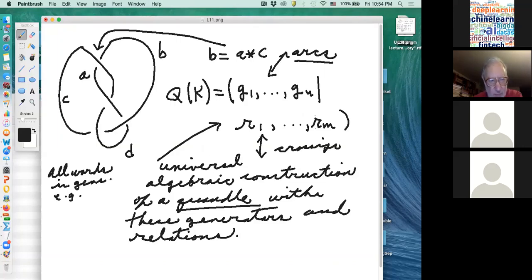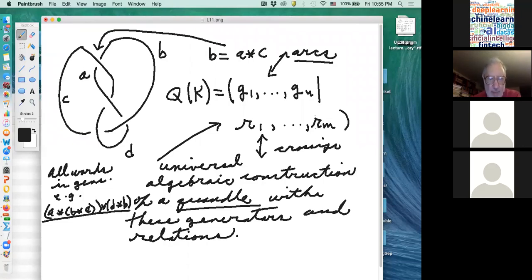For example, in terms of this knot, A times B times A times D times B is a typical word. It has to be parenthesized because it's a non-associative algebra, you know that.